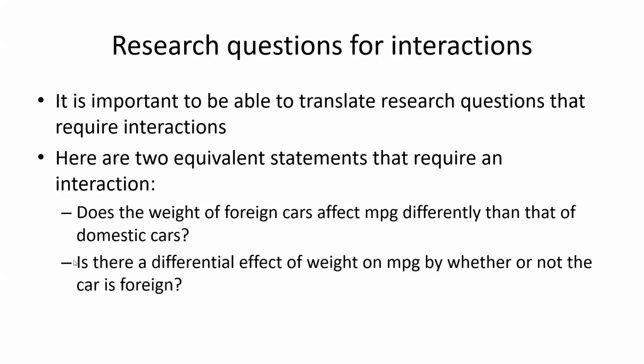Second question, same thing. Is there a differential effect of weight? The effect of weight on MPG, by whether or not the car is foreign. It asks the same question. Do the slopes differ?